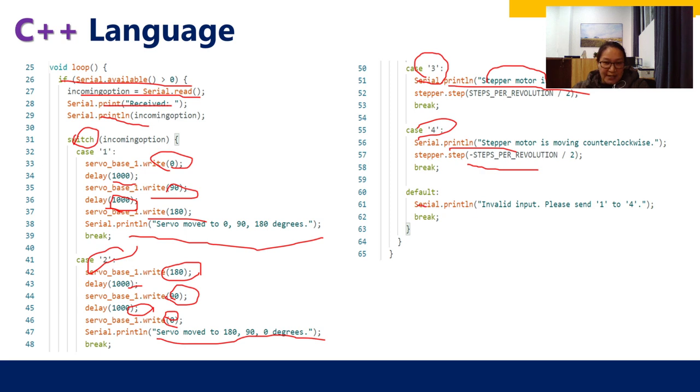If the received character does not match any of the cases 1, 2, 3, or 4, it prints an error message to the serial monitor.